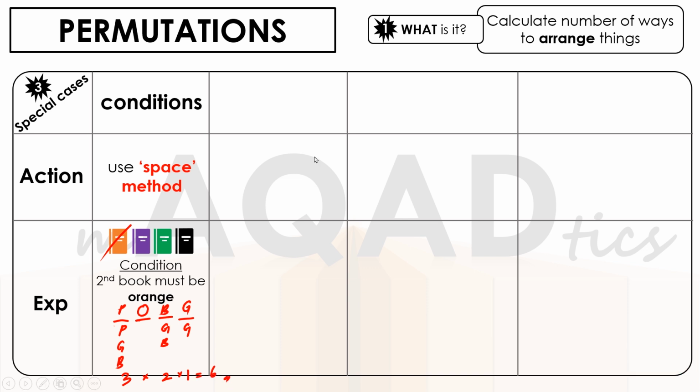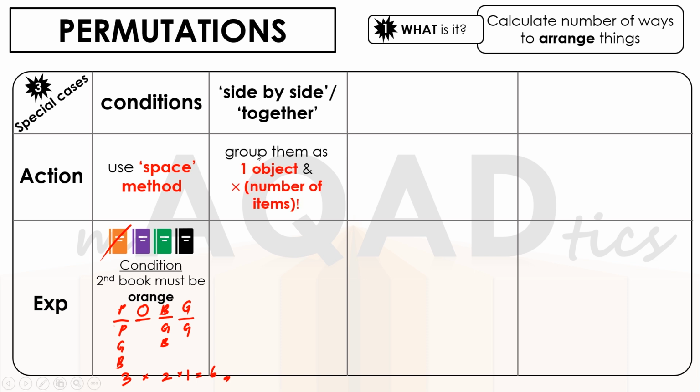And the second special case, they will give some certain keywords, which is side by side or together. So if you see these keywords, we need to do 2 things. First, group the objects into one big object. Then we need to multiply a factorial where the number is the number of items in the group.